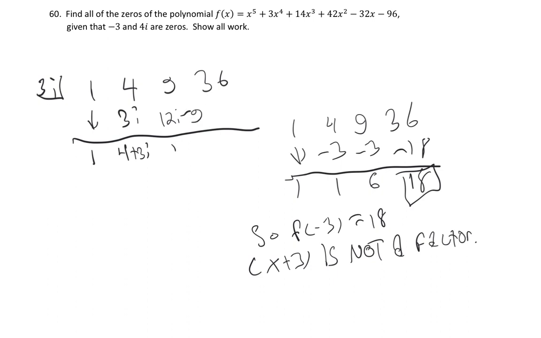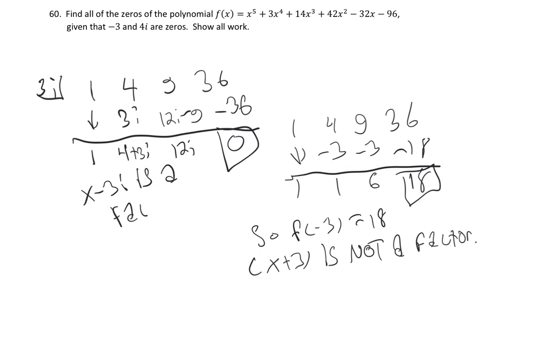So we do that addition, we just get 12i. Add those together, 3 times 12 is 36, i times i is -1, so we get -36. Our remainder is 0, so x minus 3i is a factor. So that's how we do, that was 57.